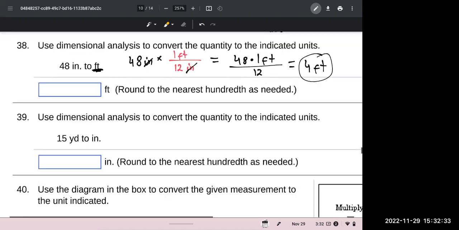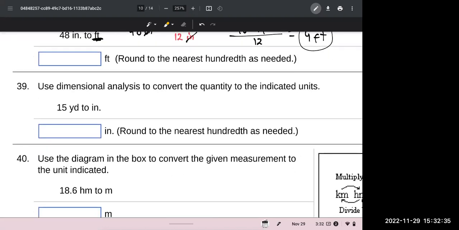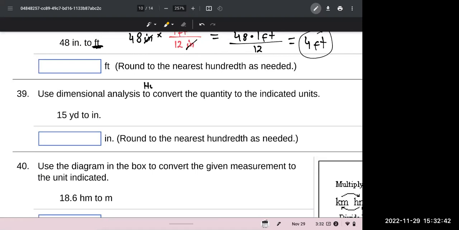Okay, so next one, number 39, you need to convert yards to inches. So here the hint will be, this is something that you want to put on your reference sheet, that 36 inches is equal to 1 yard. So I'm taking the 15 yards, and you have to multiply by unit rate.